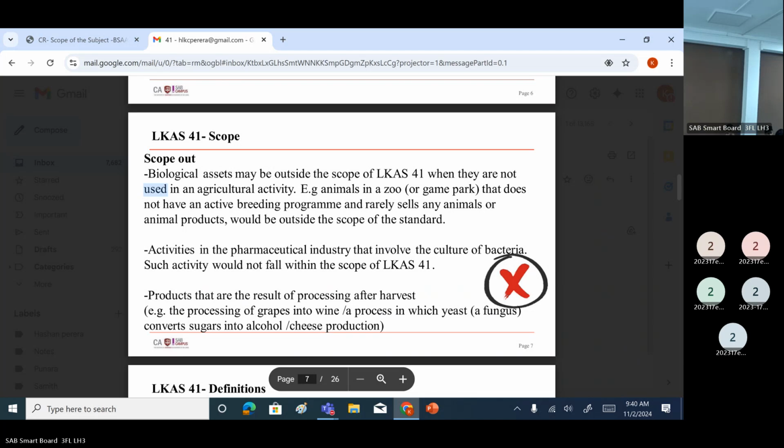Because we don't have any agricultural activity to control that asset. To have a biological asset, behind that we need to have a set of agricultural activities. As a result of these agricultural activities, we control the biological asset. Then only can we identify that as a biological asset. So the animals in a zoo don't have agricultural activities.